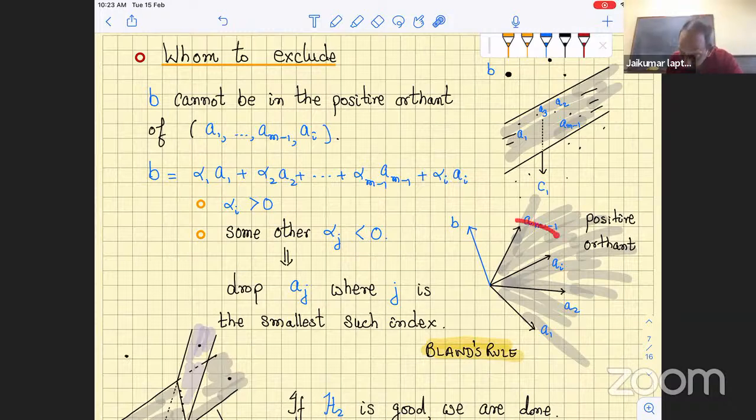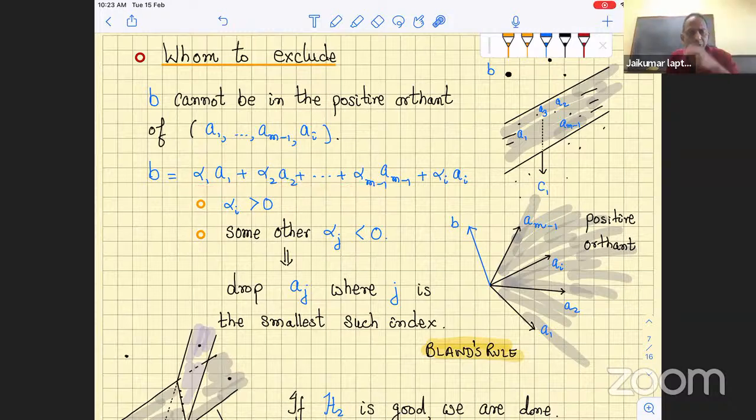So we know that one of the coefficients of these A's is negative, but we have ensured that it is not this one. This one is definitely positive. So there must be one of these other coefficients which is negative.